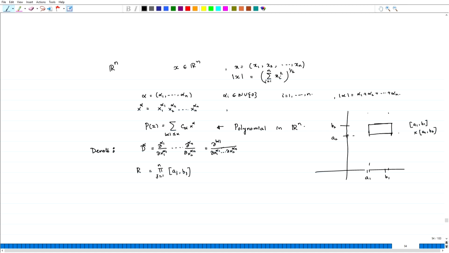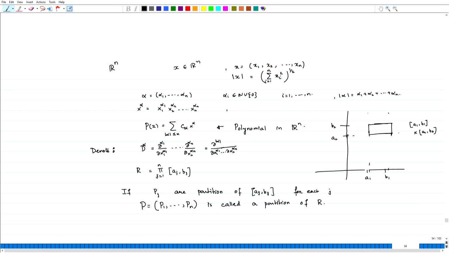Now, the partition is that if Pj are partitions of [aj, bj] for each j, then notationally P is equal to P1 to Pn, and this is called a partition of R.